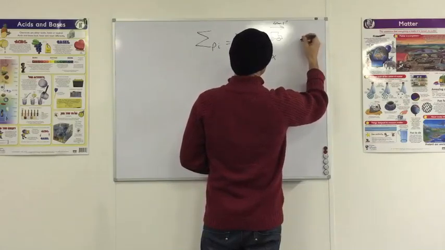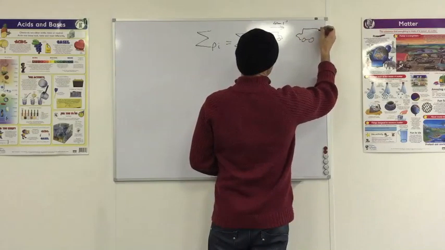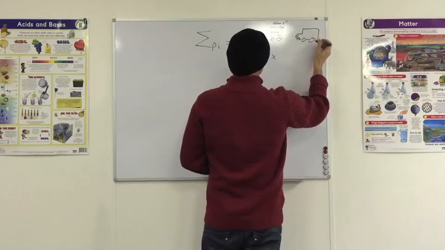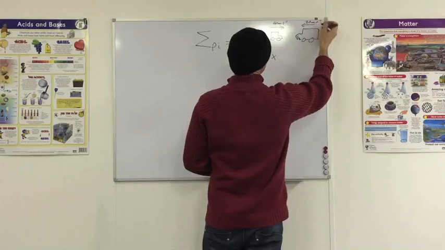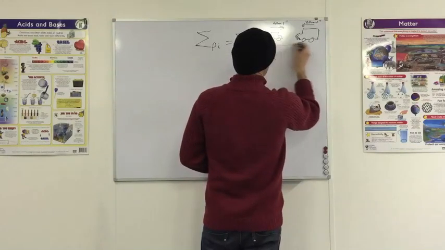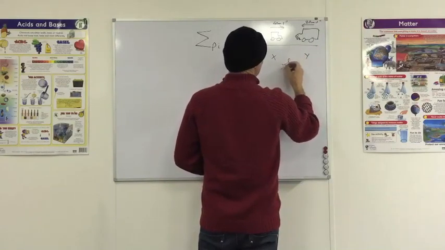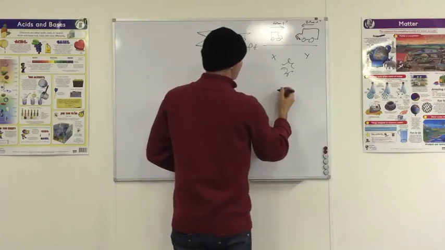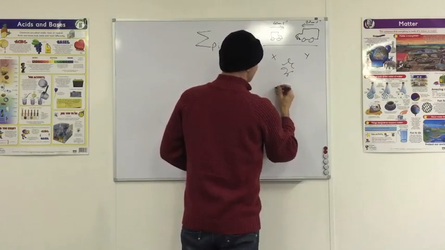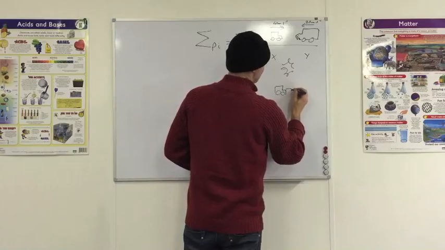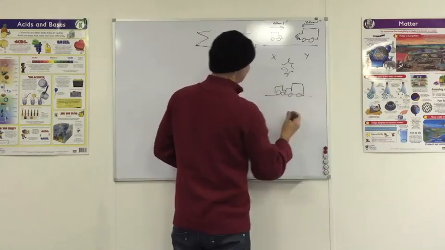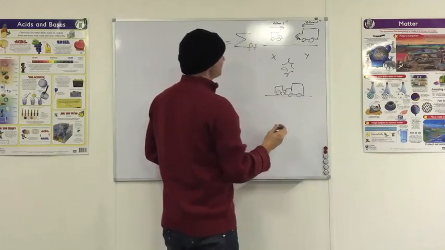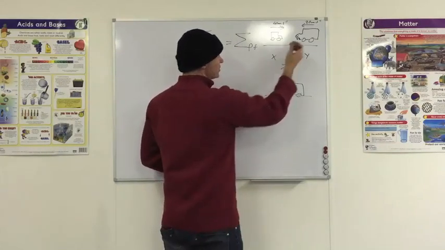And then the bigger truck is going along at 20 in the opposite direction, and we can call that Y. Boom, they're going to crash, and then after the collision, they're going to be stuck together. That's a mess.